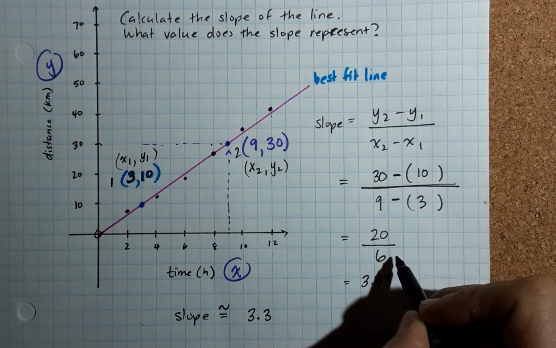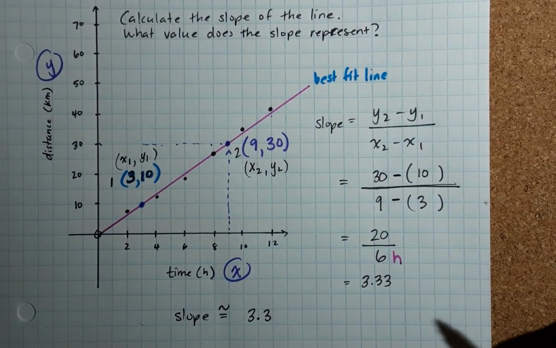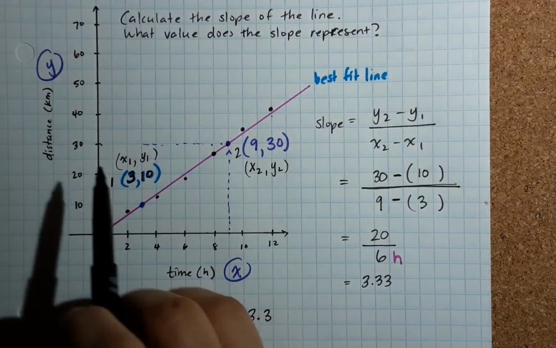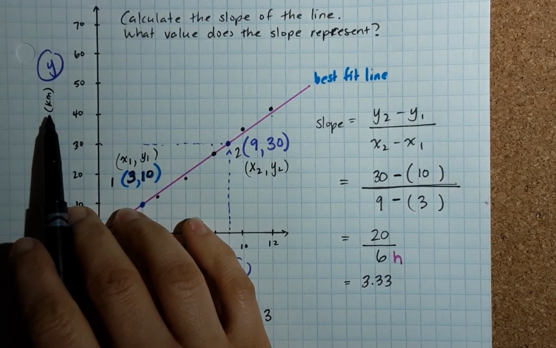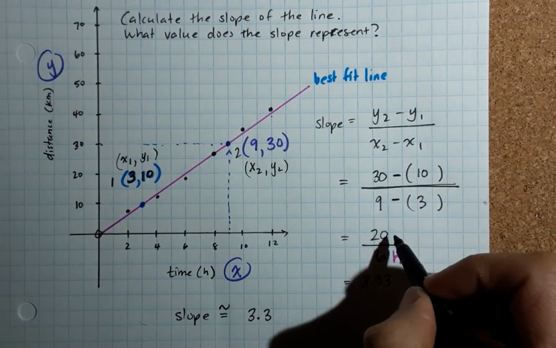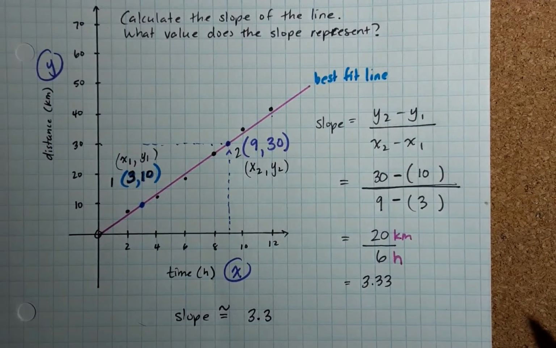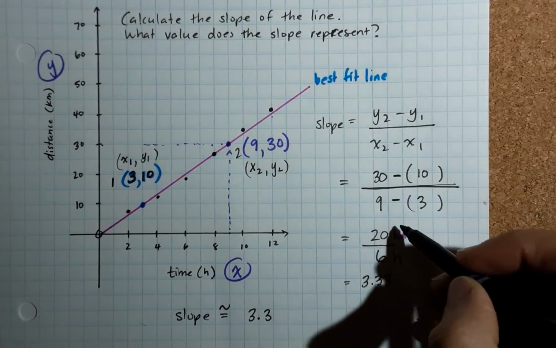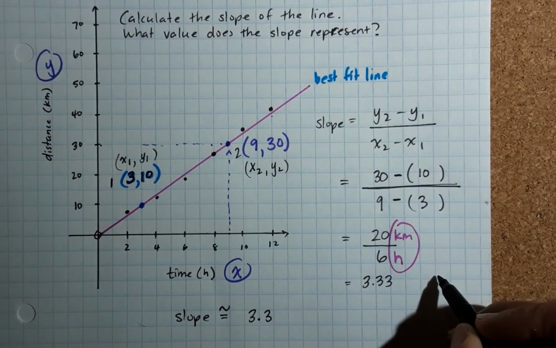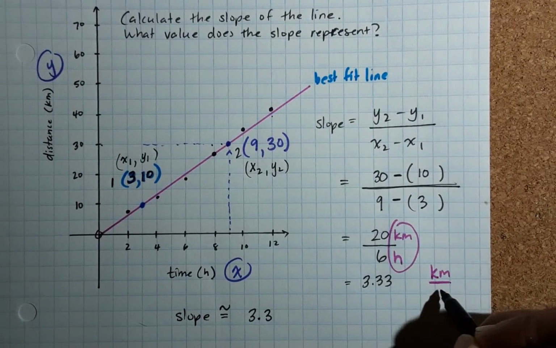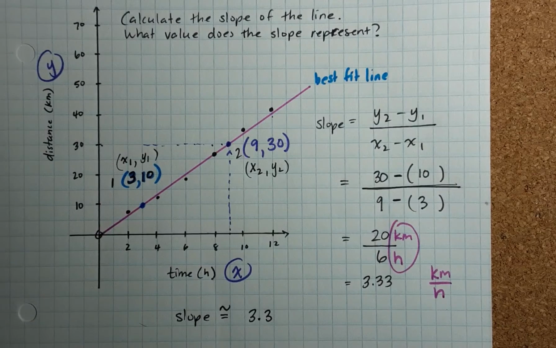So I'm actually going to put it on the denominator here. Okay, hours. I'm going to go over here and look at what the units for y were. It was kilometers. So the units of the slope are kilometers per hour.